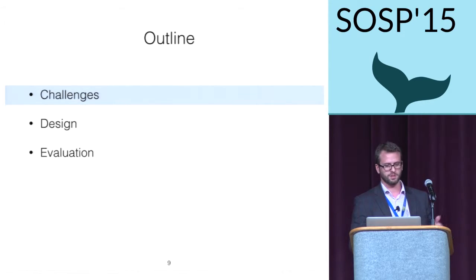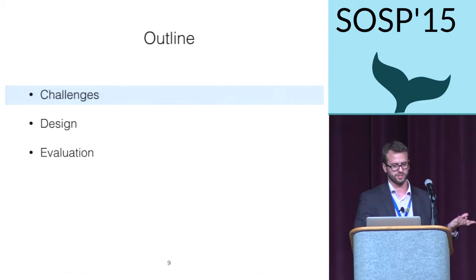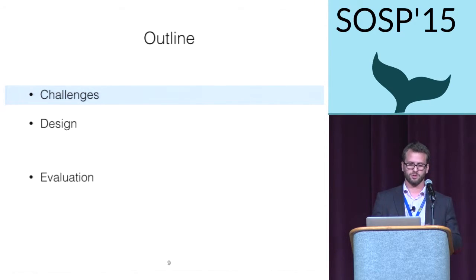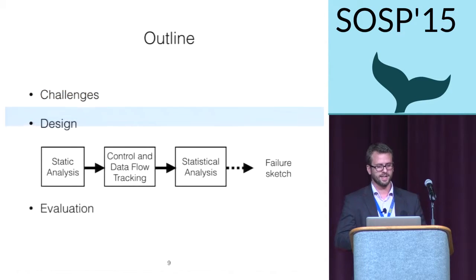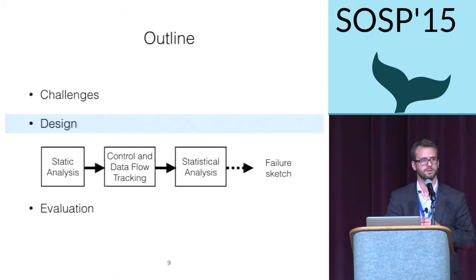Okay, now that I briefly talked about the challenges of building failure sketches, I'll describe our system that we call GIST. We call our system GIST since it conveys developers to the gist of the failure. I'll first talk about the high-level design of GIST, and then I'll explain how each component in GIST works in detail using a running example.